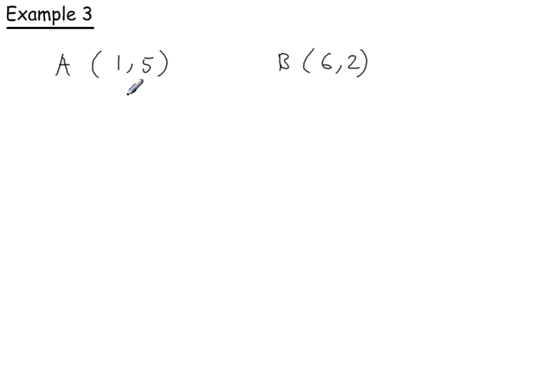To work out the gradient of the line that goes through these 2 points, change in y divided by the change in x. So this time, let's start with point A. 5 minus 2 divided by change in x, 1 minus 6. 5 minus 2 is 3 over 1 minus 6 is minus 5.